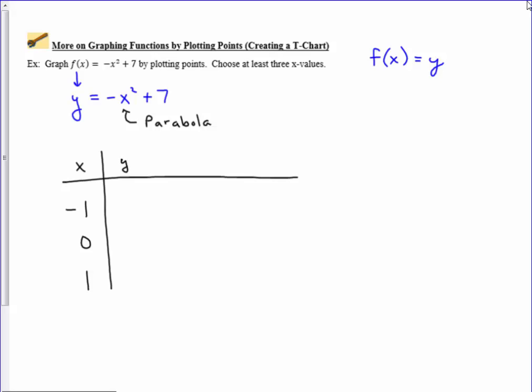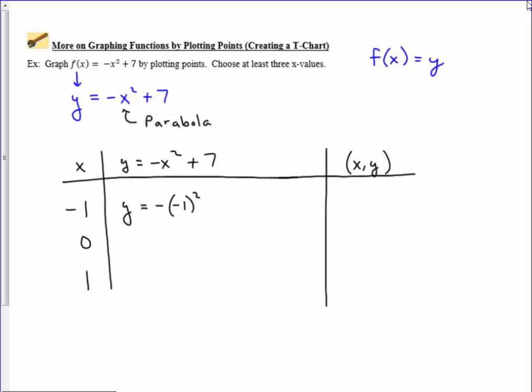Our function is y equals negative x squared plus 7. To evaluate and determine our ordered pairs, you will plug the x value into the right-hand side of your equation. So in this case, you'll have y equals negative 1 squared plus 7.